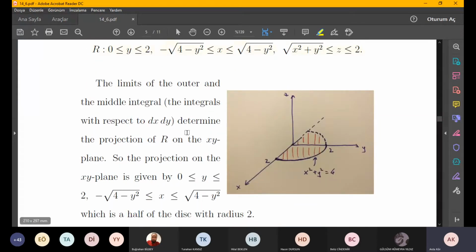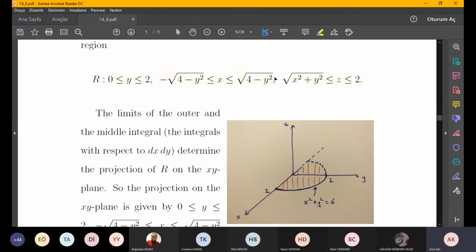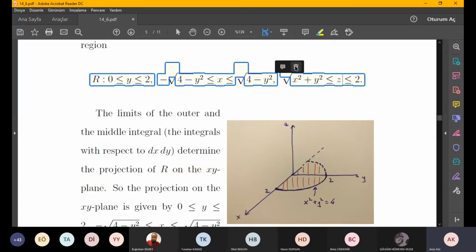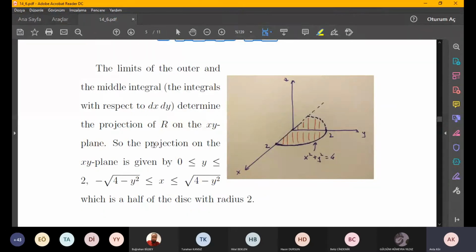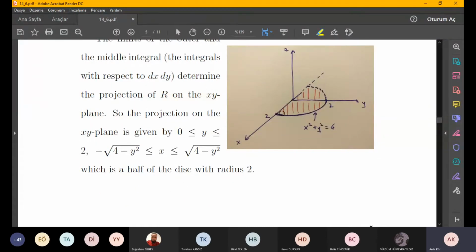So if you just look at those two inequalities, you can sketch the projection of R on the xy plane. If we sketch those inequalities, it will represent that shaded area on the xy plane, which is a half of a disk with radius 2.